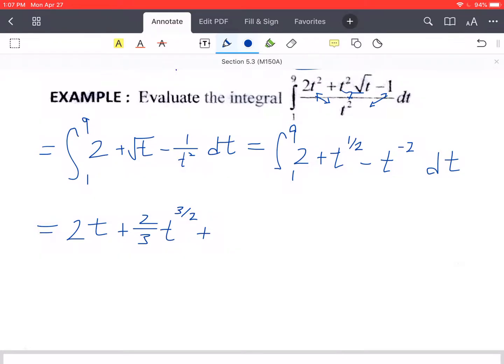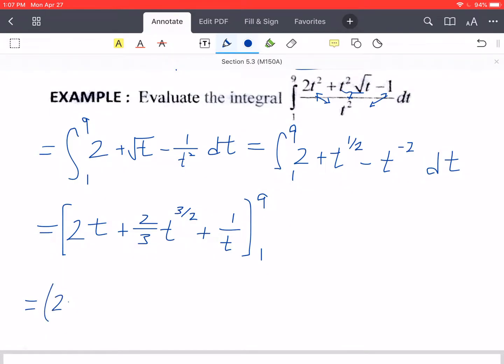So that's going to become plus 1 over t to the first. Okay, so a bit of algebra being done in there. So we get this, and we're evaluating it from 1 to 9. Okay, so let me just set this up here.